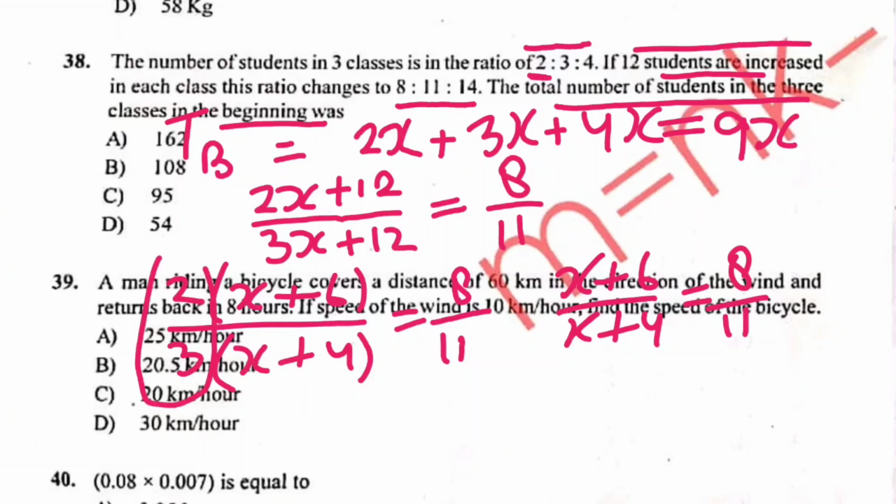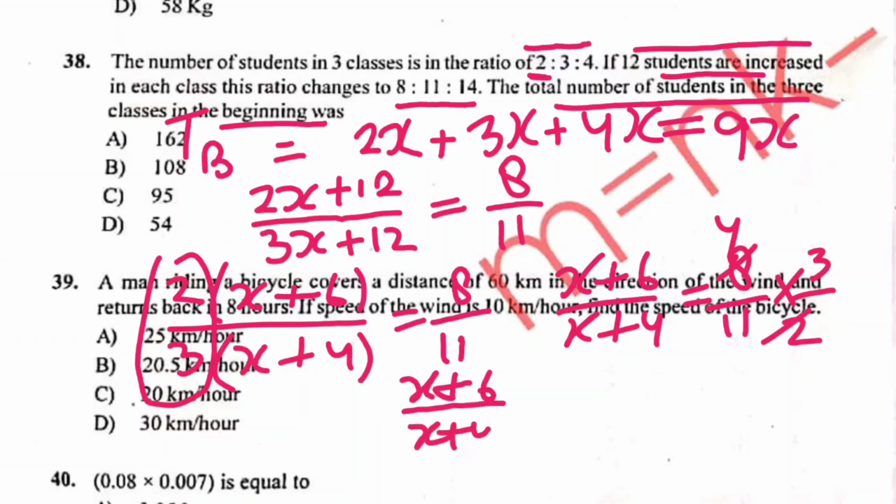Transposing this to the RHS, it will get reciprocated. So we'll get 3 upon 2. So 2 ones are 2, 2 fours are 8. That implies x plus 6 upon x plus 4 is equal to 4 3s are 12 upon 11.